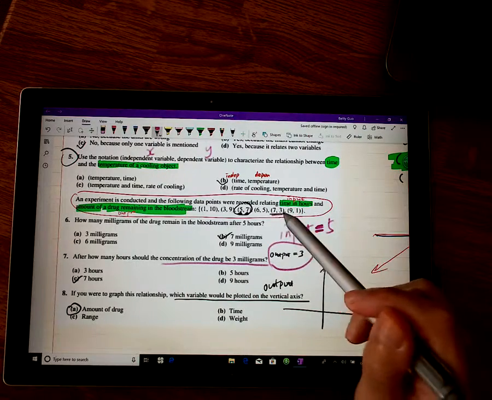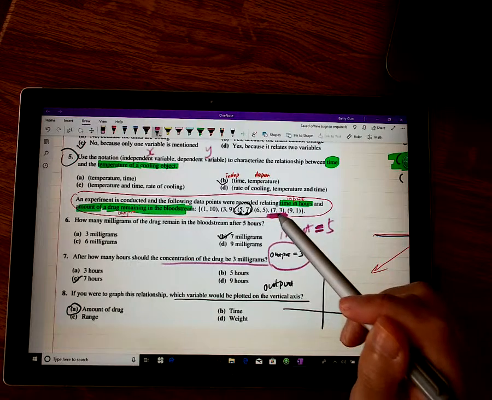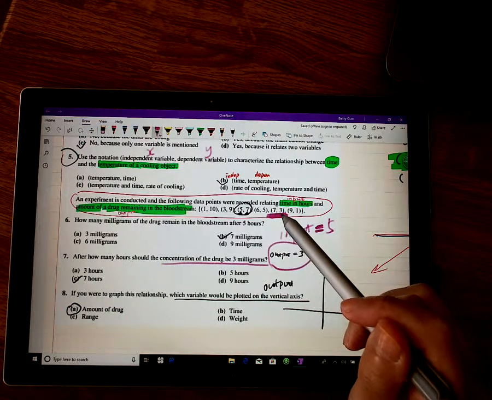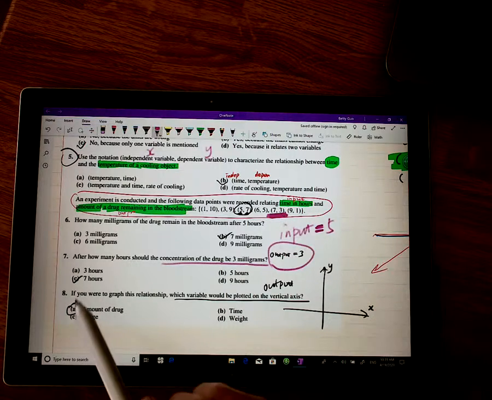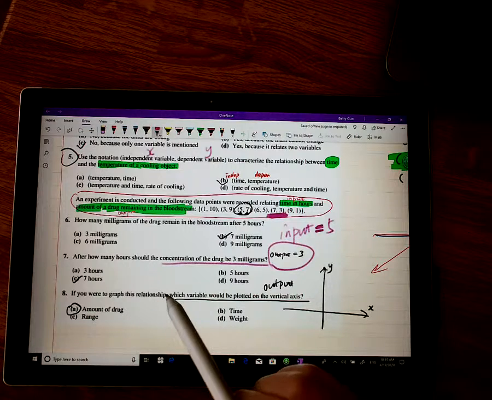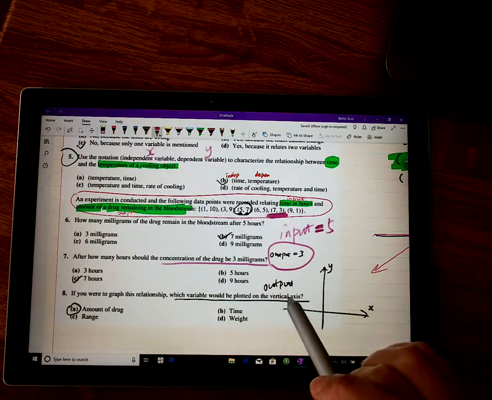So this ordered number pair has the output 3. Second component is 3. The first component is 7. So we know after 7 hours, the concentration reduced to 3 milligrams. 7 hours.